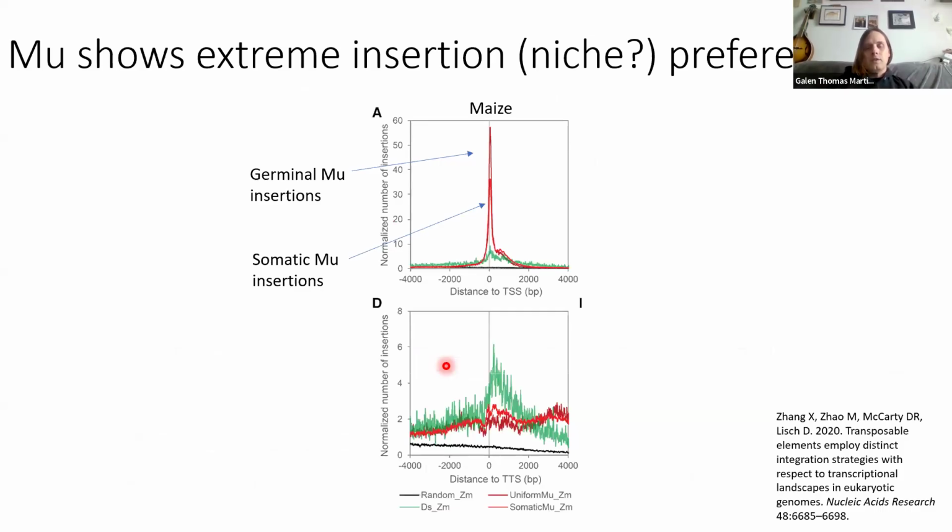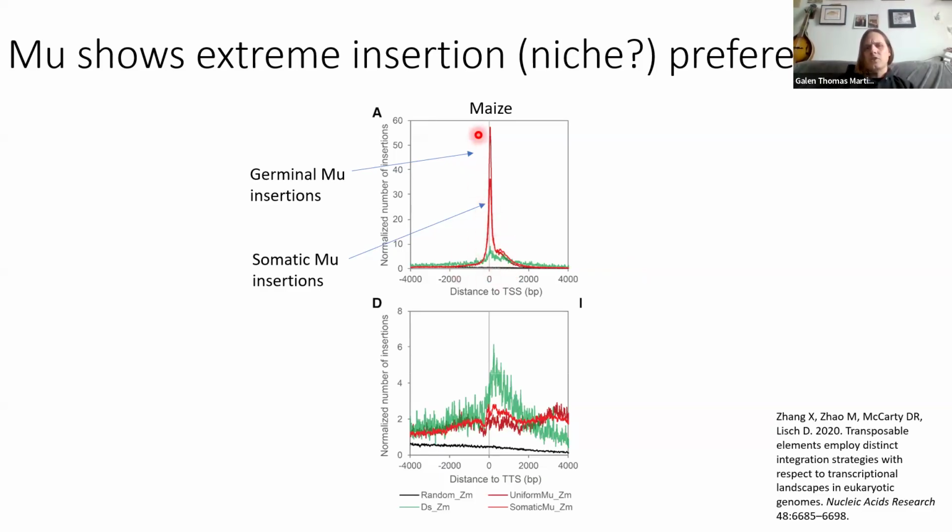And sort of the background of this is that whenever you actually look at these de novo insertions in mutator, you find that they have a really, really strong insertion preference, which maybe is a niche in the ecological framework, right? These mu elements tend to insert very, very strongly into the very beginning of genes, the transcription start site in that 5' UTR.